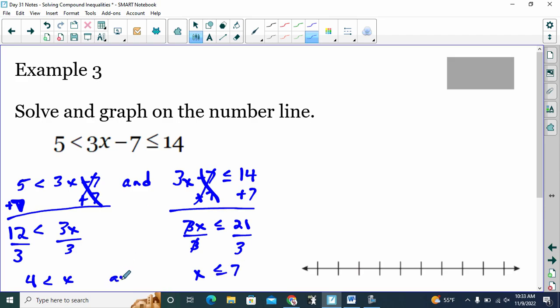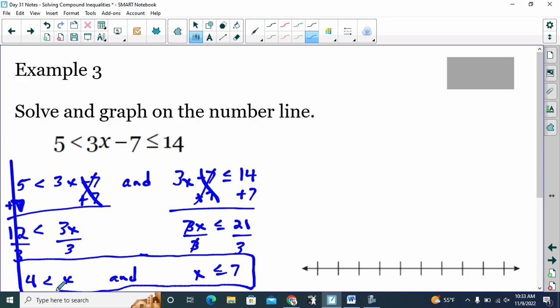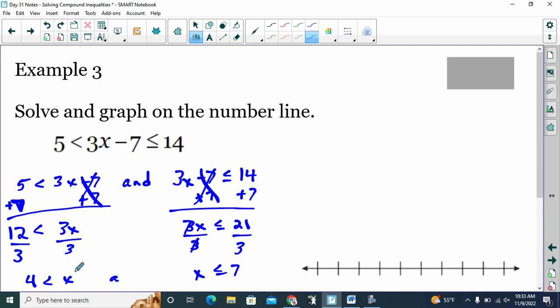Make sure we put and in our solution. Anyway, x is greater than 4 and x is less than or equal to 7.